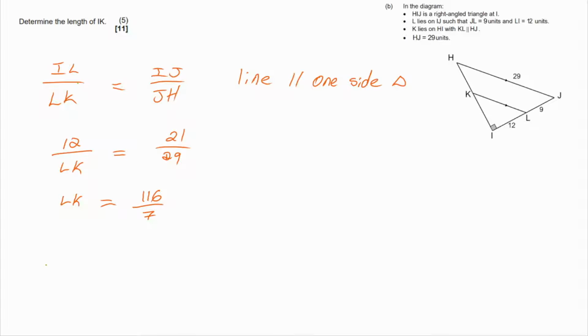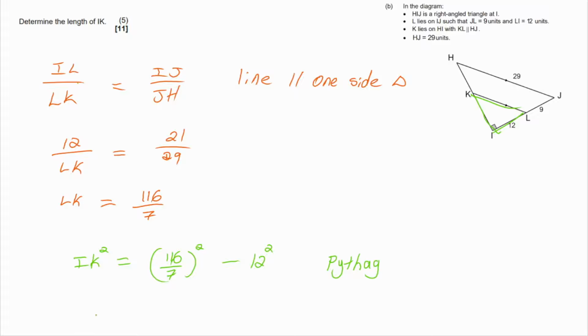So now I'm going to do Pythag. I'm going to say that IK squared is equal to LK squared, so 116 over 7 squared, minus 12 squared. That's because of Pythag, working in this triangle over here.